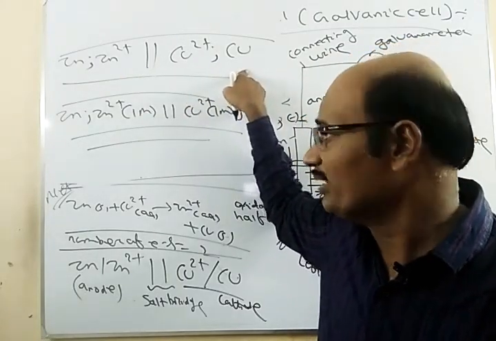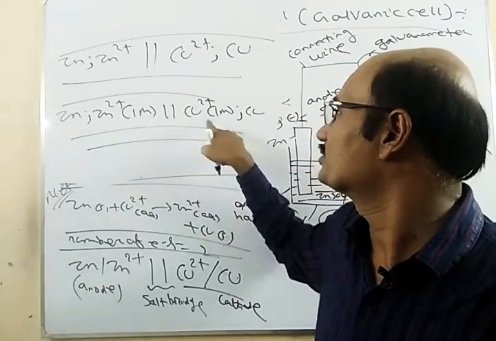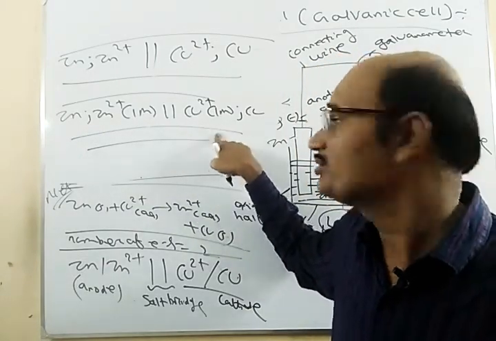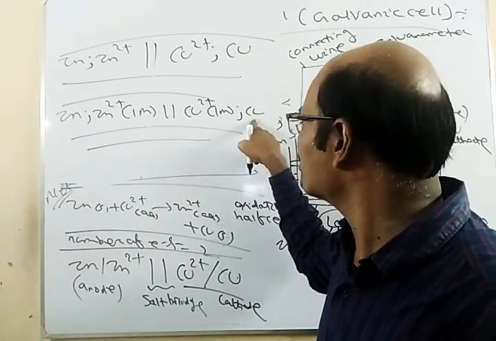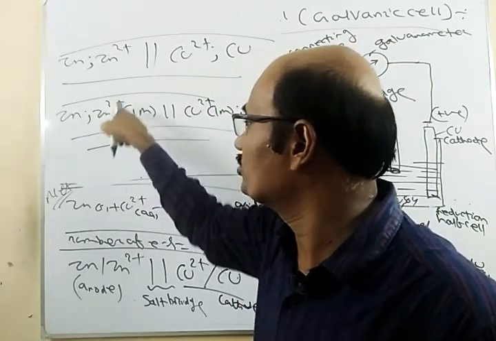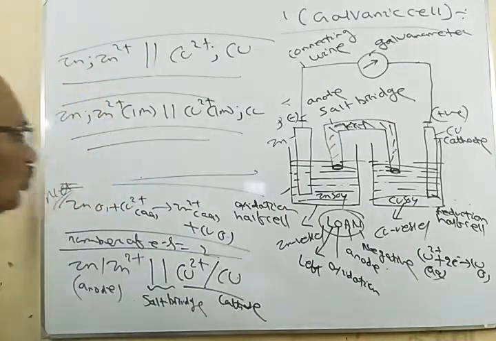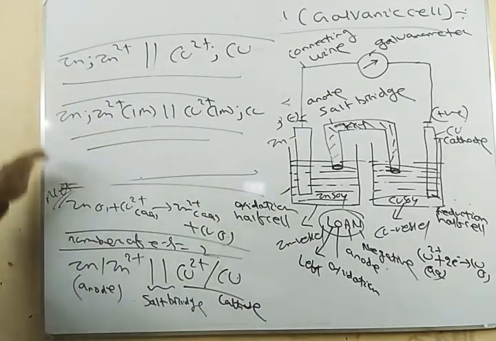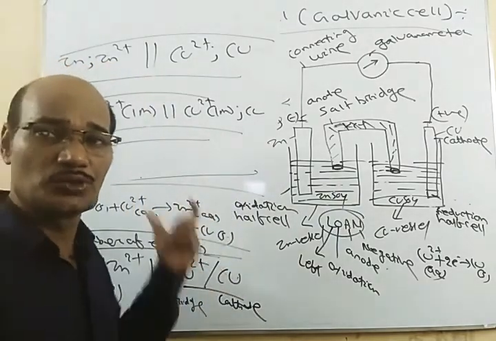If concentrations are given, Zn2+ 1 molar concentration, salt bridge, then the ion concentration, then the bar. For the solid, the concentration is not required. Just add the concentration of the ion. In this way we can represent a particular electrochemical cell. This is called cell notation.